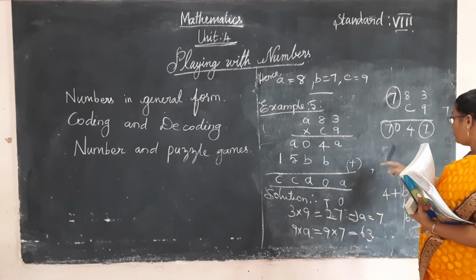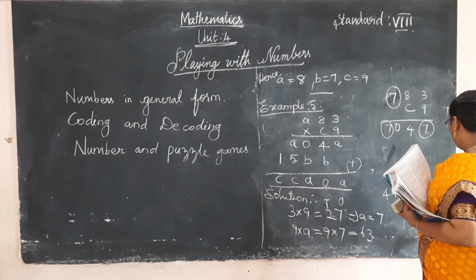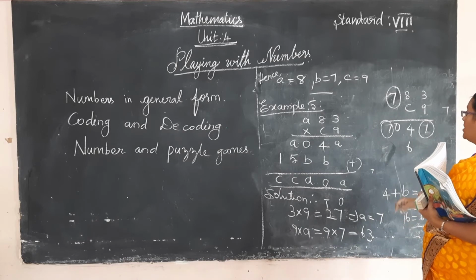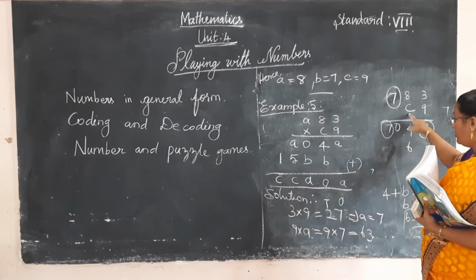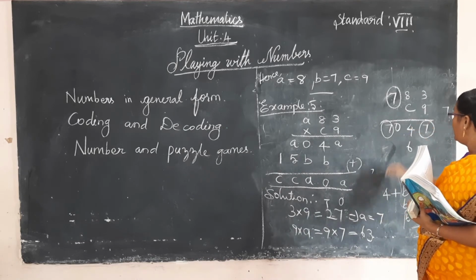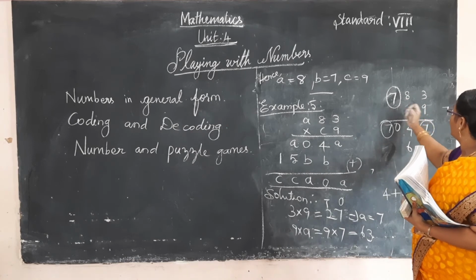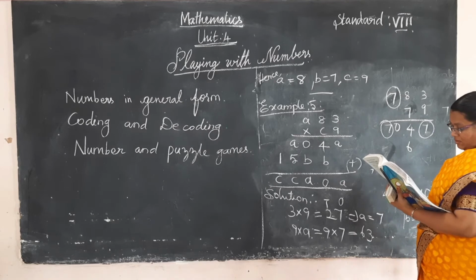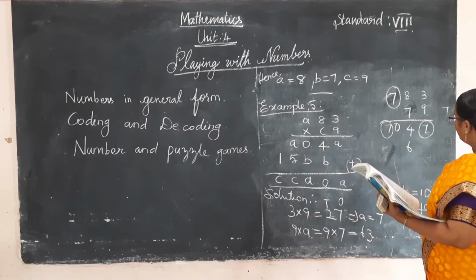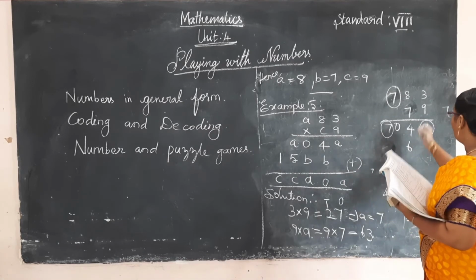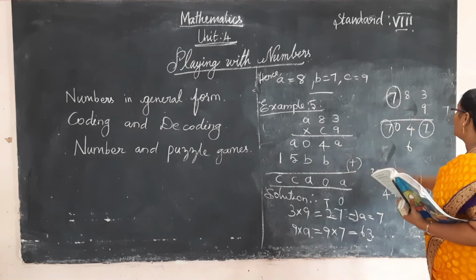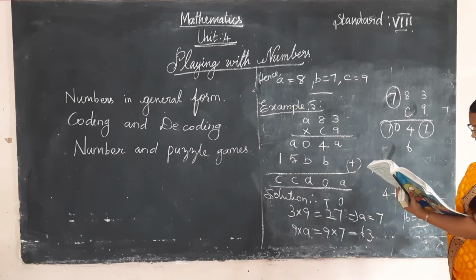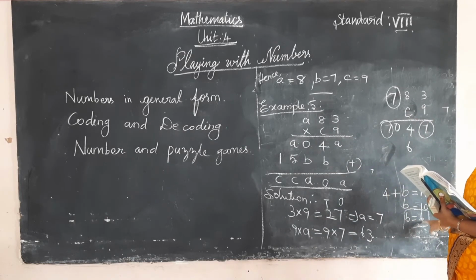Now substitute B as 6 in this place. Already we have found the A value, which is 7. This is C. So the B value is 6.